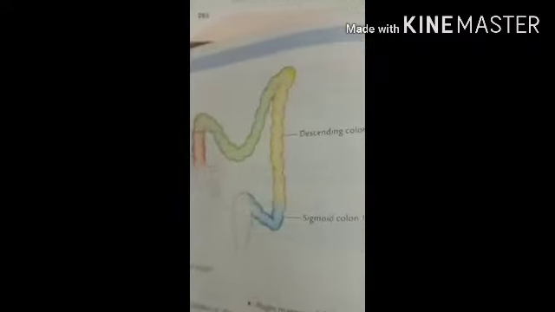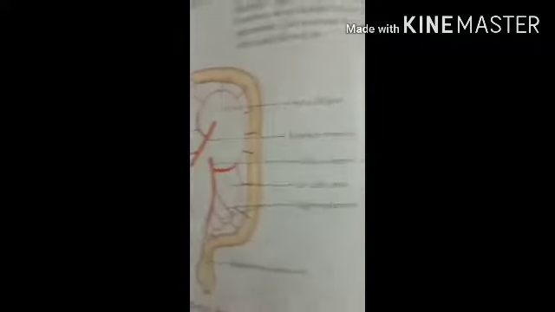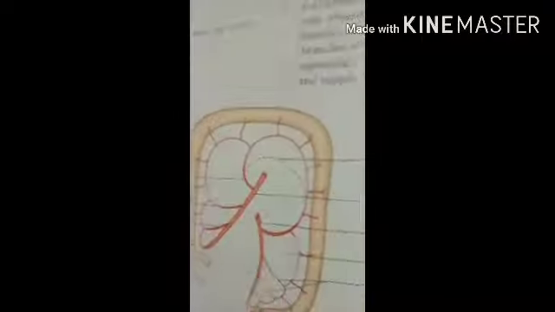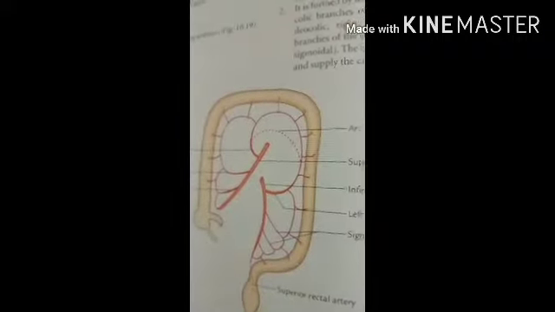After that we have to see the blood supply of the large intestine or the colon. In this diagram you can see the blood supply of the colon, that is the arterial supply.